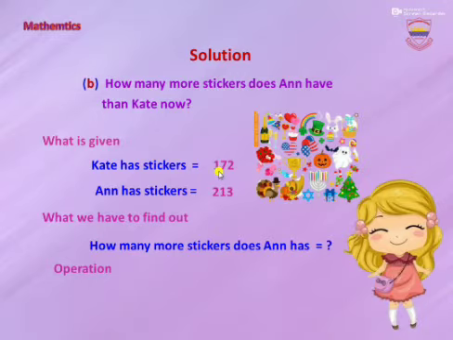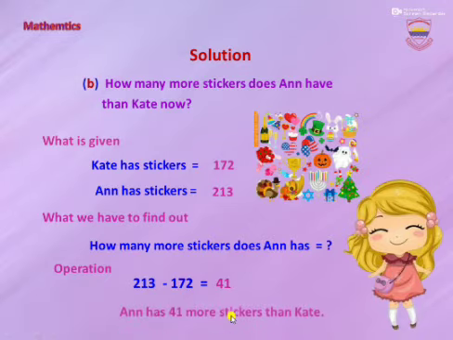Kate has 172 stickers and Anne has 213 stickers. When we subtract 172 from 213, we get the answer 41. So we can say Anne has 41 more stickers than Kate.